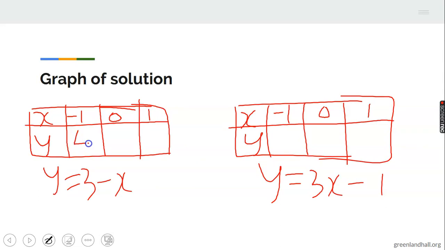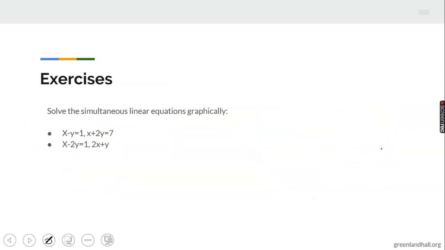That will be 4. This will be 3. And this will be 2. Then for this one, when x is minus 1, that will be minus 4. When it is 0, minus 1. Then when it is 1, that will be 2. So these are the values that you plot on your graph.